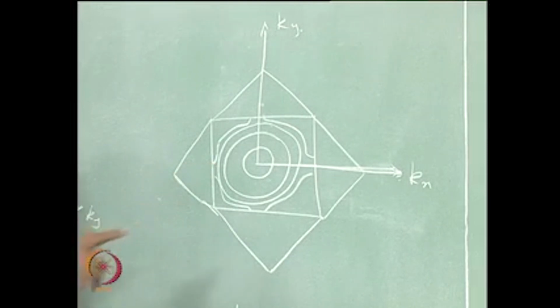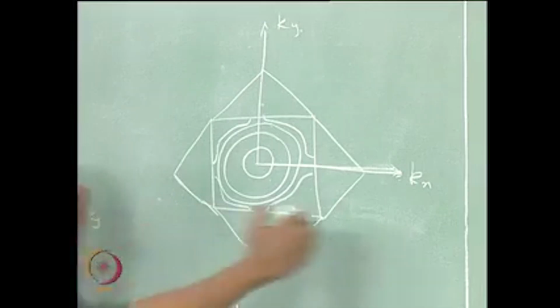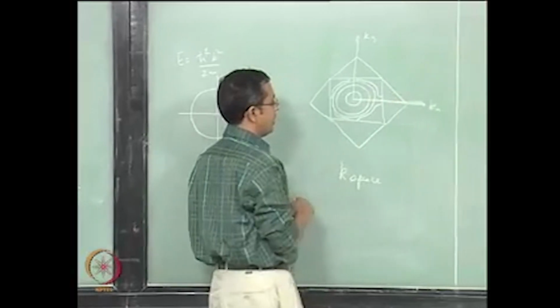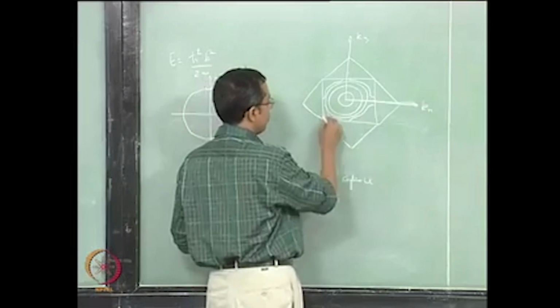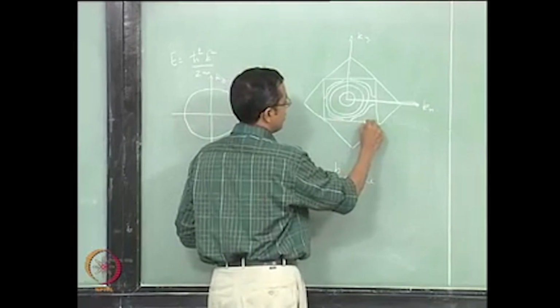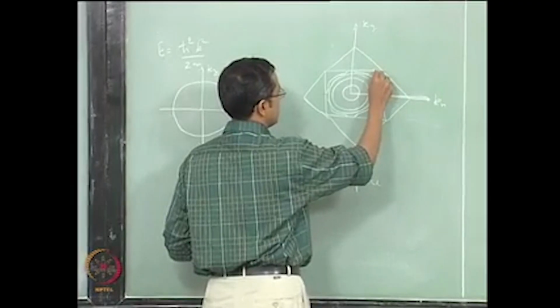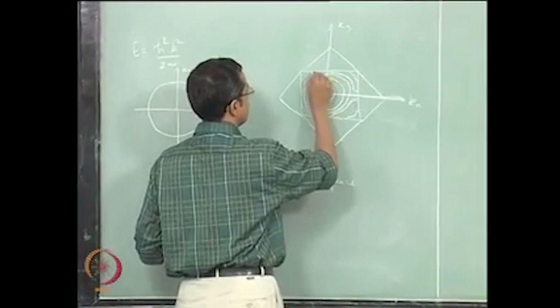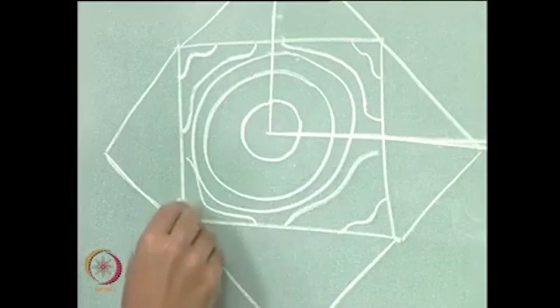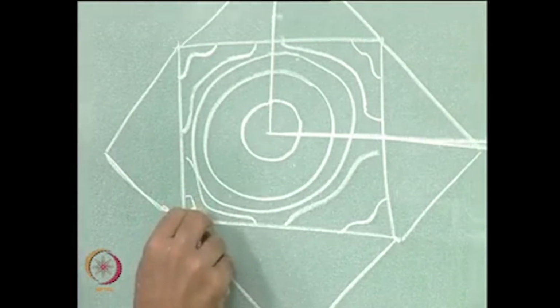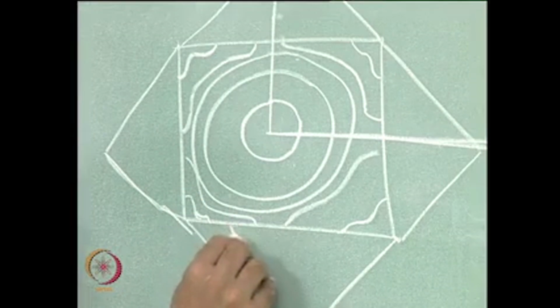It is simply an extension of what we saw in the one dimensional case, where we found that the k values began to distort. And if you go even further, you will see the behavior is something like this, and it begins to appear in the next zone.